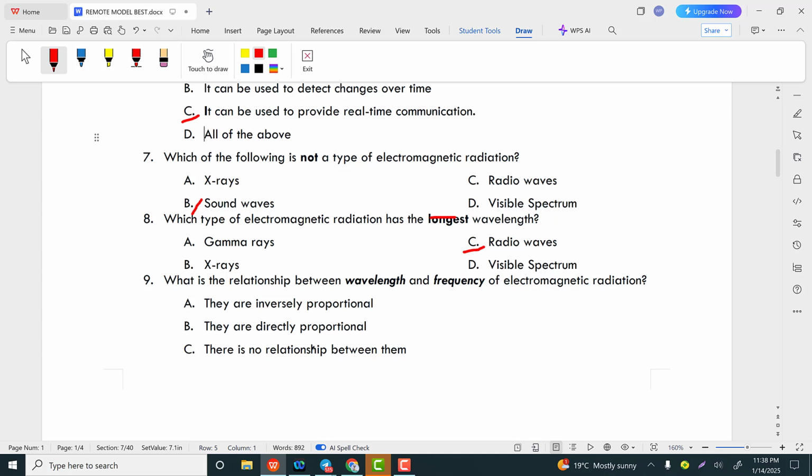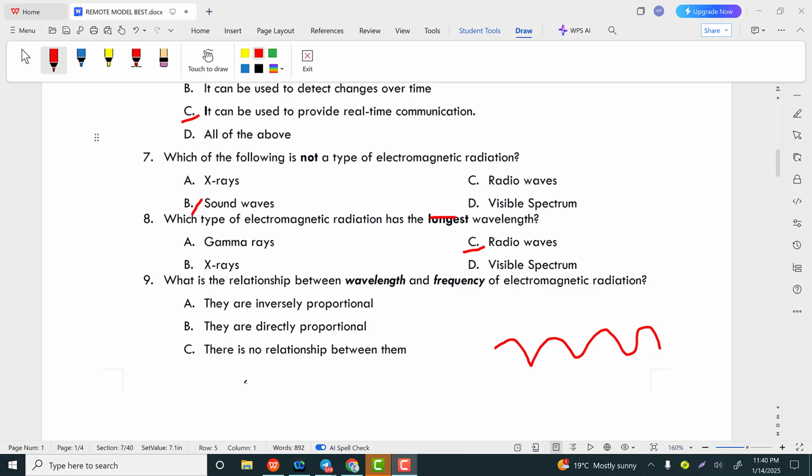Question number 9. What is the relationship between wavelengths and frequency? Let me give you a diagrammatic or sketch explanation. For instance, this is the wavelength. First of all, let me take the options.